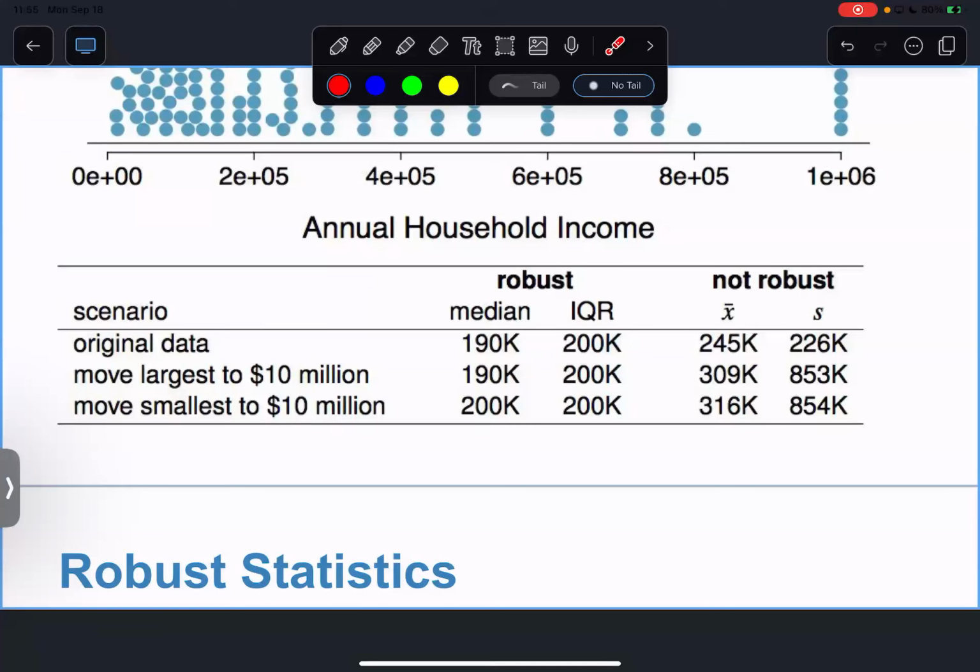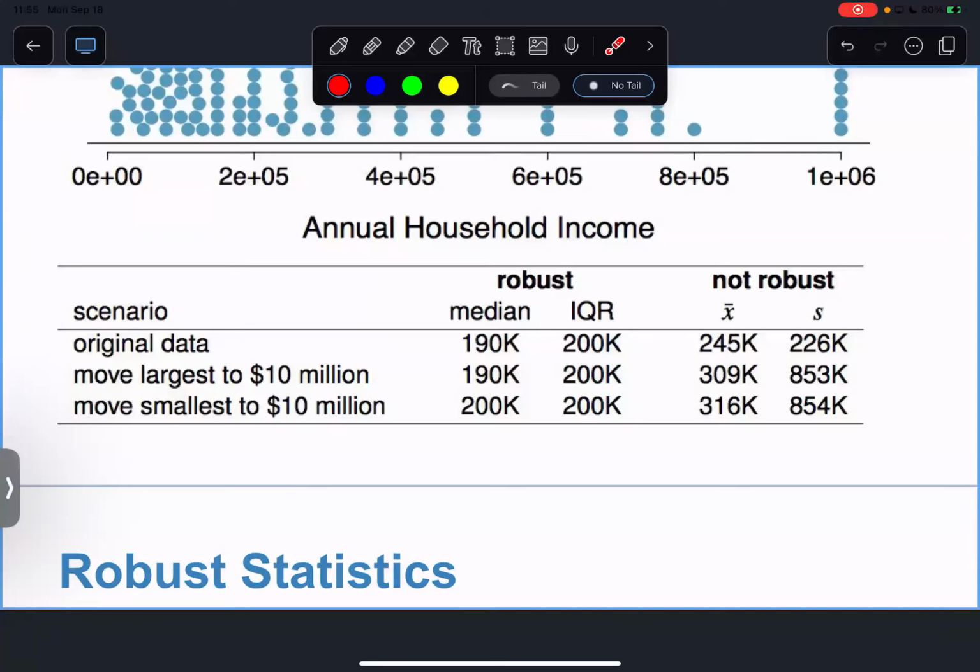So if you move the largest data point to $10 million, the median doesn't change. I'm not entirely sure why it would change. Maybe we're adding a data point. I don't know, whatever. Just accept it. So the median doesn't change, but all of a sudden the mean jumps from 245 to 309, right? So that's a big jump.